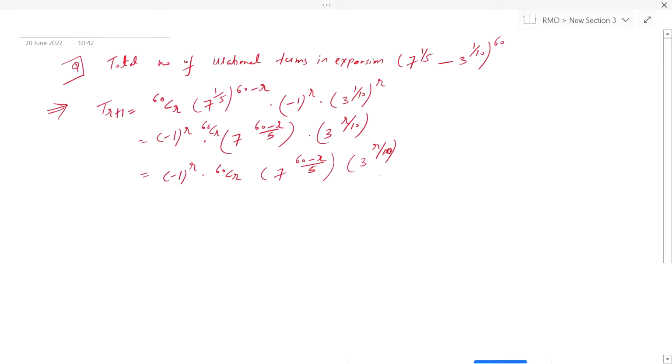Okay, so this will be a rational term, and to get this as a rational term, 60 minus r by 5 has to be an integer.